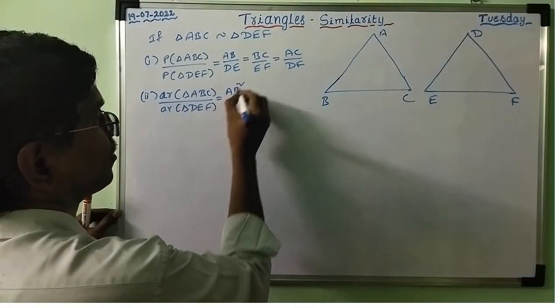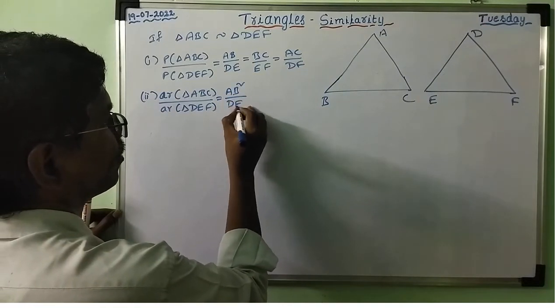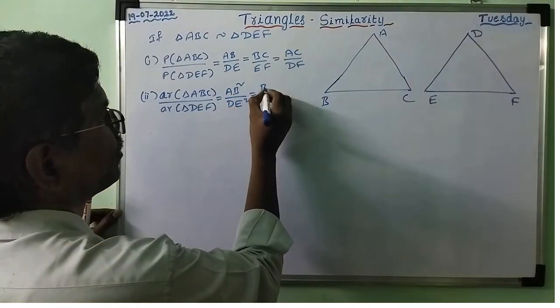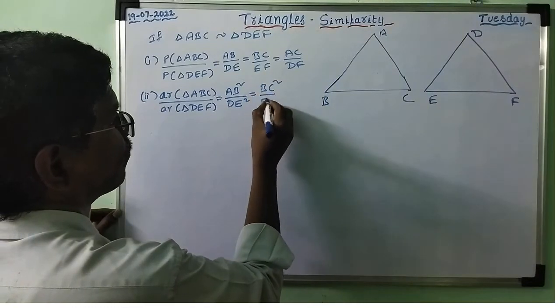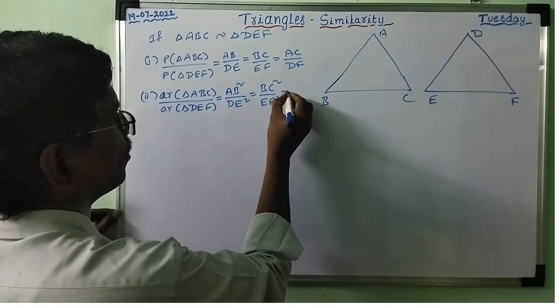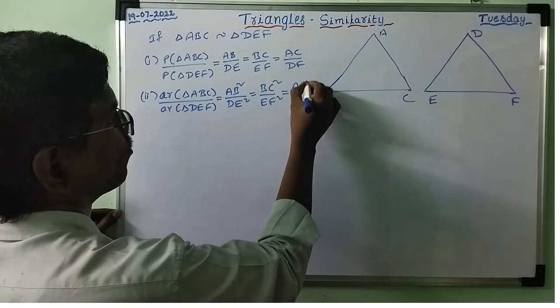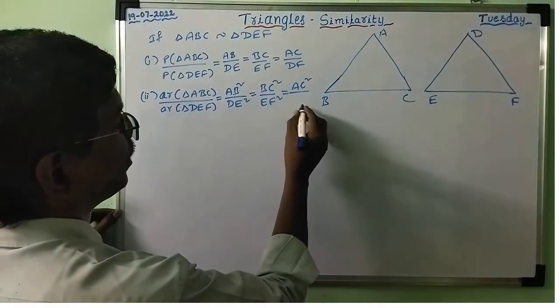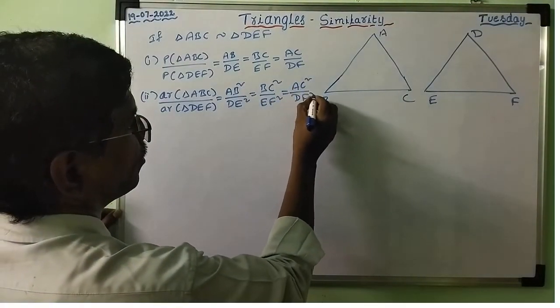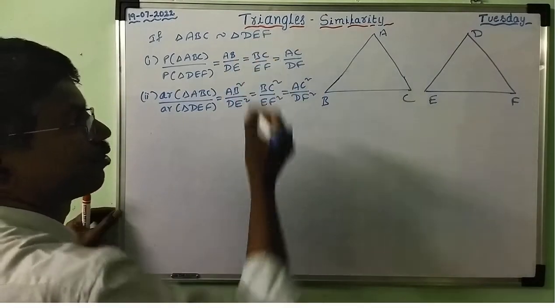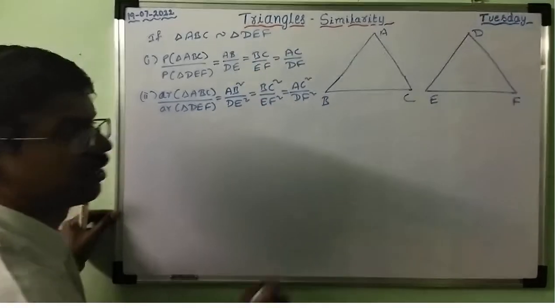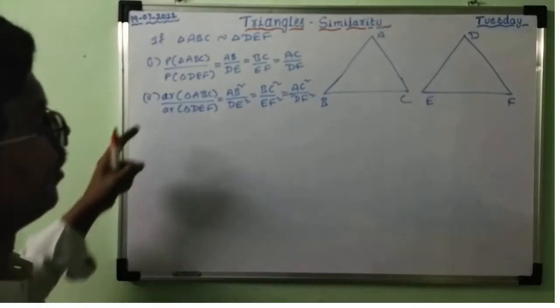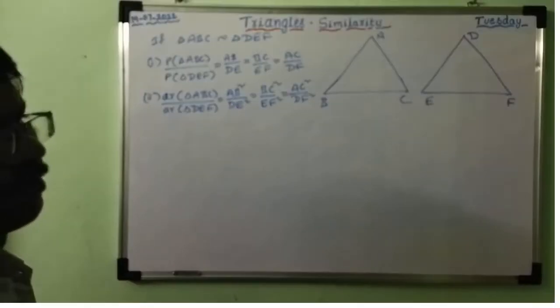But here AB square by DE square, that is equal to BC square by EF square, that is equal to AC square by DF square. Otherwise AB by DE whole square, BC by EF whole square, in that manner also we can consider. Remember the difference between the perimeters ratio and the areas ratio if they are similar. Remember the difference between these two.